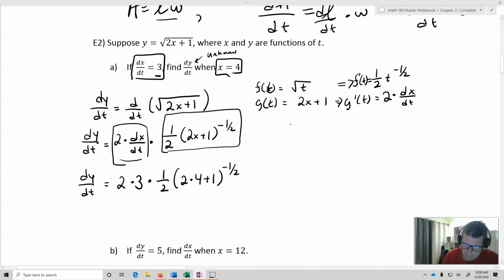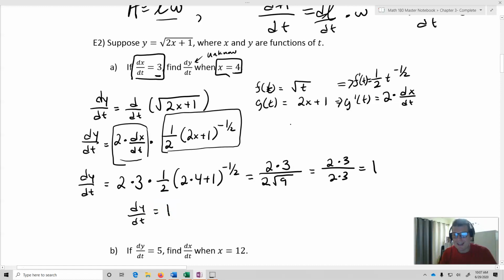Which is equal to 2 times 3 divided by 2 times the square root of 9, which is equal to 2 times 3 divided by 2 times 3, which is equal to 1. And there we go. Done. So dy/dt ends up equaling 1.